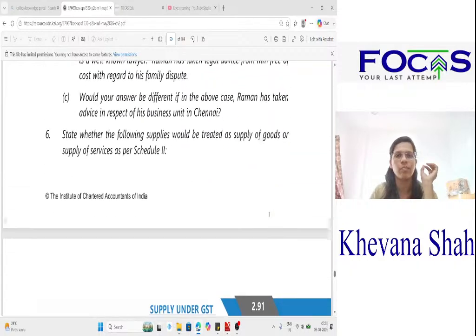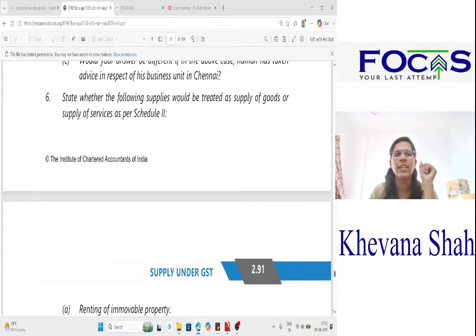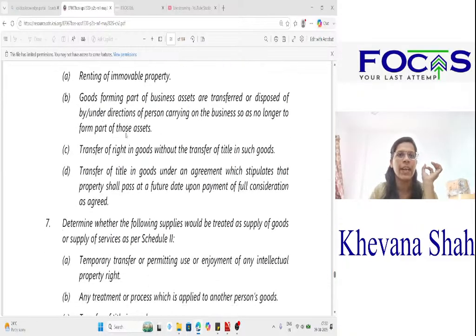Question number 6. State whether the following supplies would be treated as supply of goods or supply of services as per schedule 2. Renting of immobile property. Yesterday we had seen that if you are renting, leasing or giving anything on rent without transferring the actual title, this is not a case of sale, it is only a case of renting. So these will amount to supply of services.